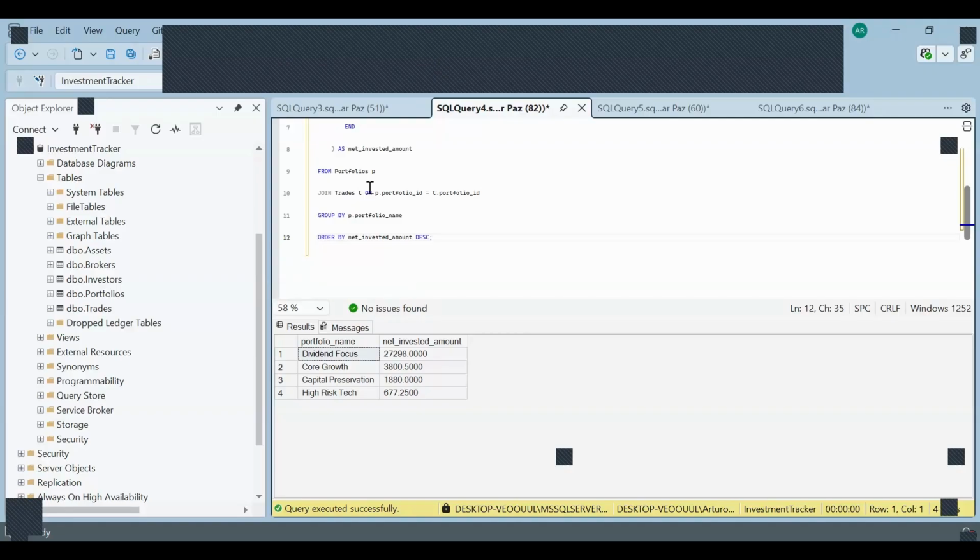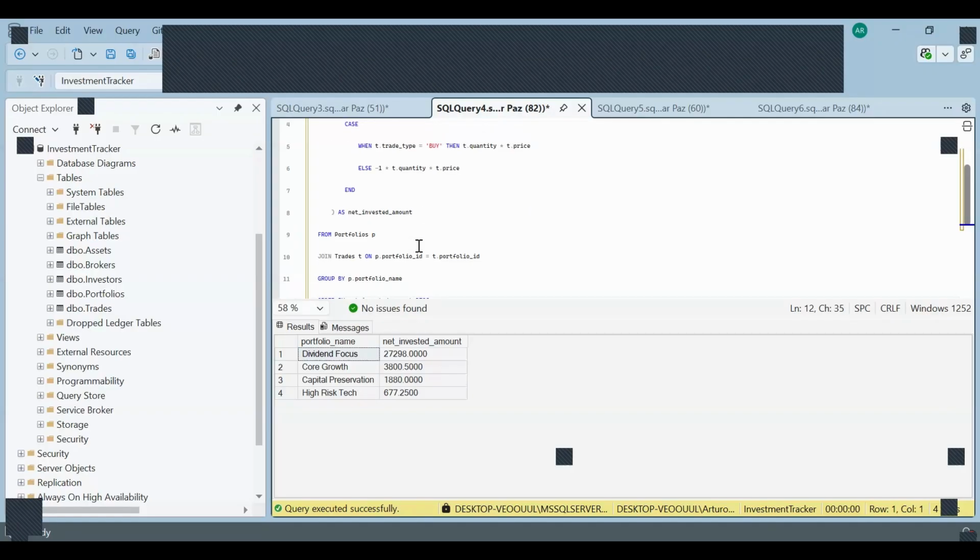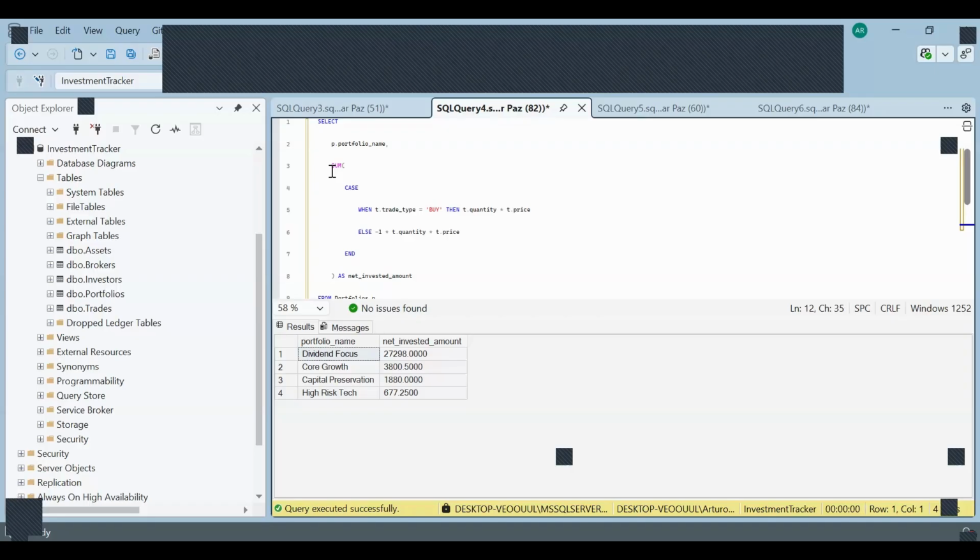And then we use a case statement to treat buy transactions as positive values and sell transactions as negative values. So the trade value is calculated by multiplying the quantity by price, and the sum function then adds these values together for each portfolio.